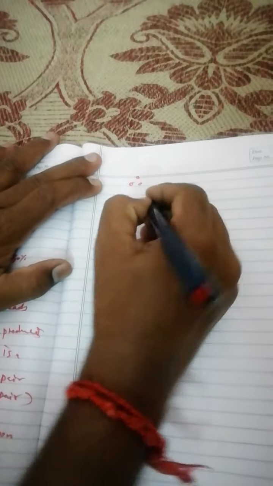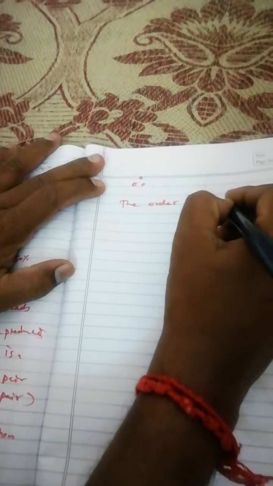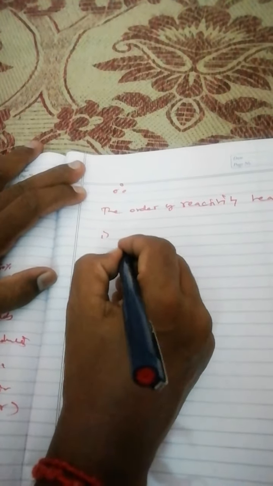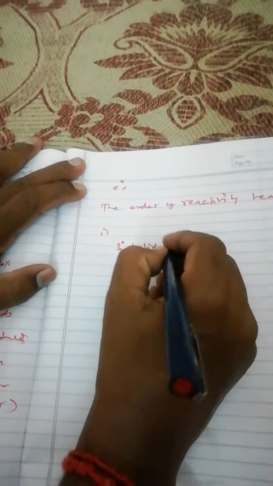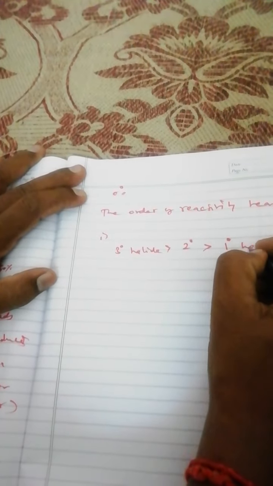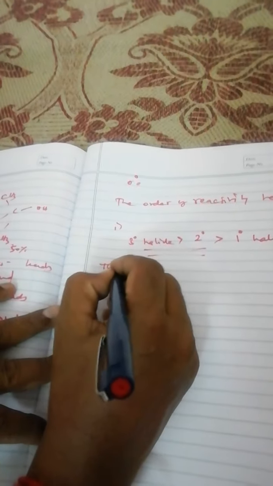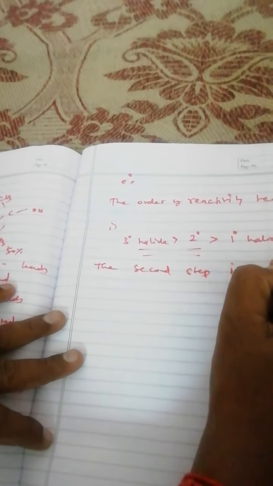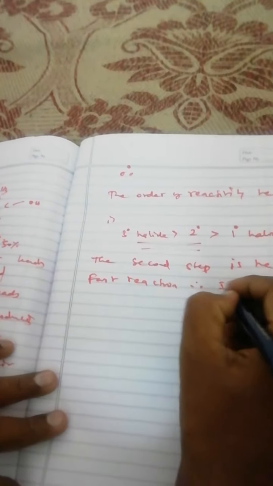Therefore, the order of reactivity here is: 3-degree halide is more reactive than 2-degree, than 1-degree halide. The second step is the fast reaction. Therefore, it is not a rate determining step.